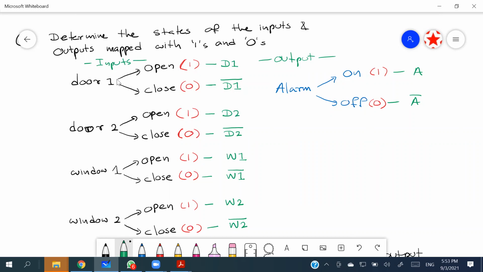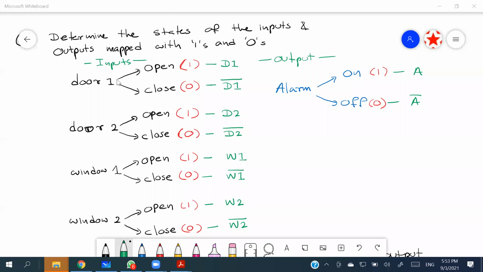We generally take 1 as the natural state of the variable, and 0 as the complemented state of the variable. In simple terms, 1 indicates D1, and 0 indicates D1 bar, right? If you take X as the variable, X will indicate 1 and X bar will indicate 0.